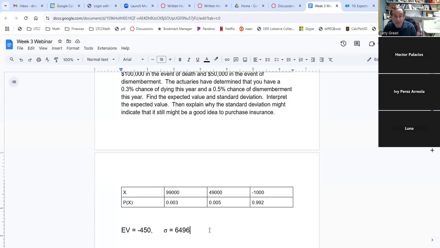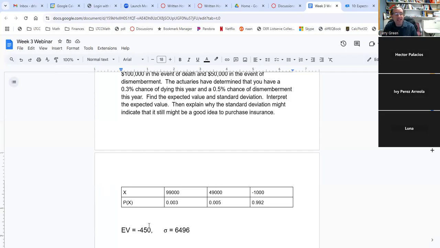Okay, so there's reasons, even with the expected value being negative, to buy insurance. On the other hand, if you have no heirs, you have no relatives or something, then this would be silly to buy life insurance because why waste money? Any questions on this idea?